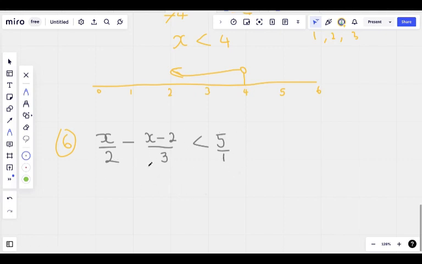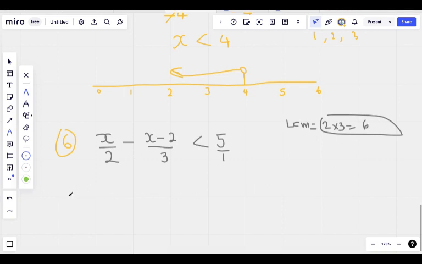The LCM of 2 and 3 is 6. It's just like you say 2 times 3 for this particular problem. So we multiply through by the LCM of the denominators, which is 6.